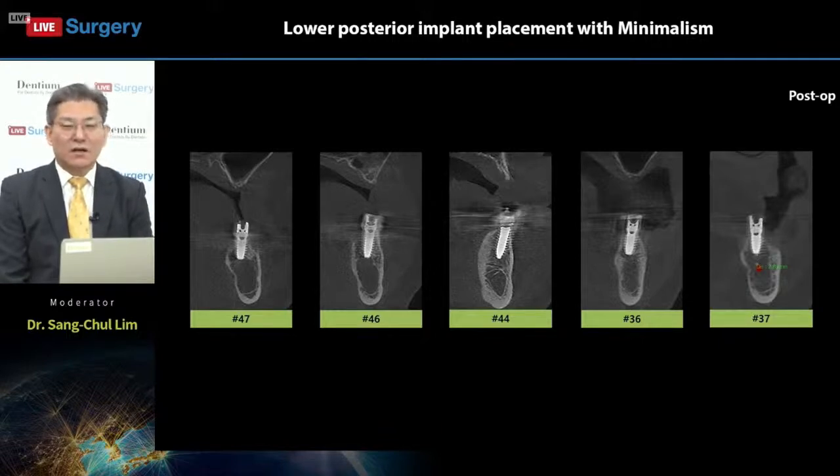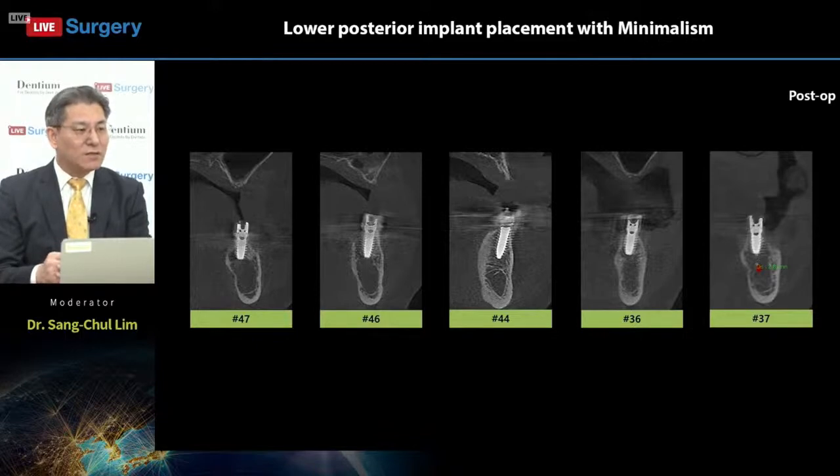As I mentioned before, younger patients need contour augmentation, right? At this time, Dr. Chung skipped the buccal contour augmentation because of the elder person. But anyway, number 44 is a good situation, as I expected.